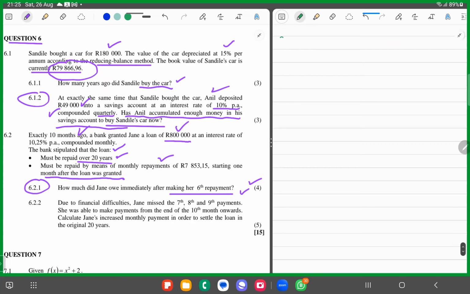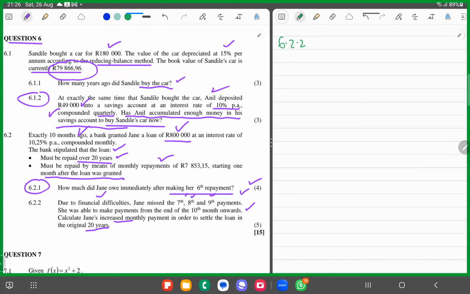So in 6.2.2, due to financial difficulties, Jane missed the 7th, the 8th, and the 9th payments. She was able to make payments from the end of the 10th month onwards. Calculate Jane's increased monthly payment in order to settle the loan in the original 20 years.